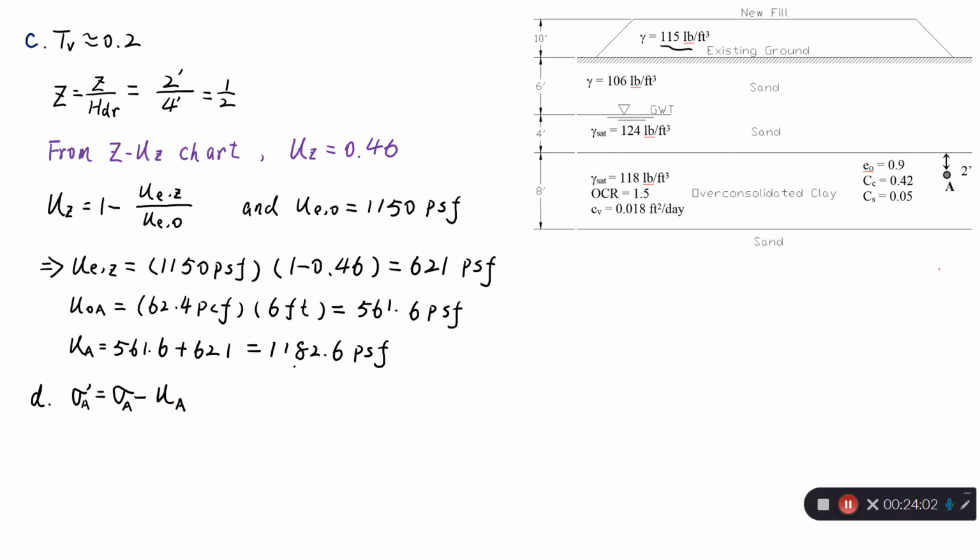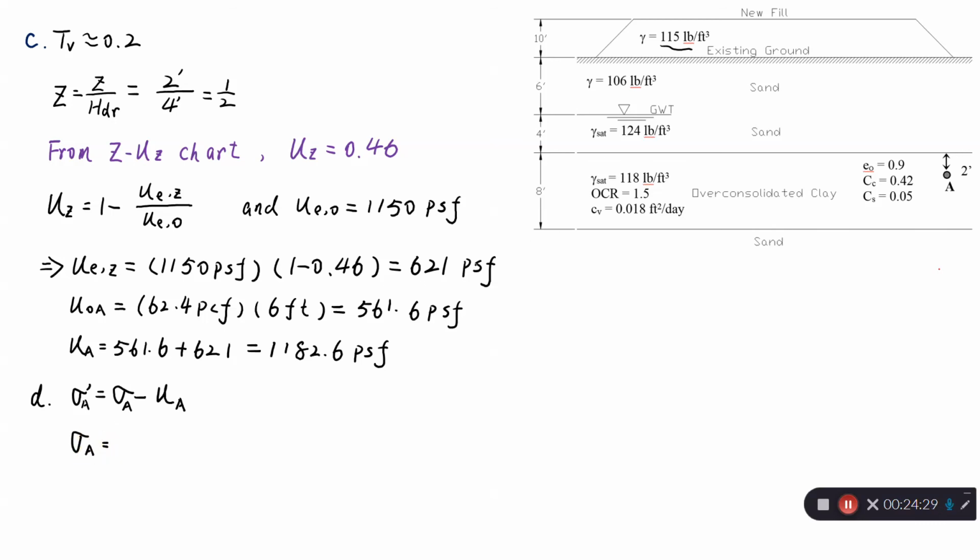We just calculated the total pore water pressure, and we also need to calculate the total stress at point A.